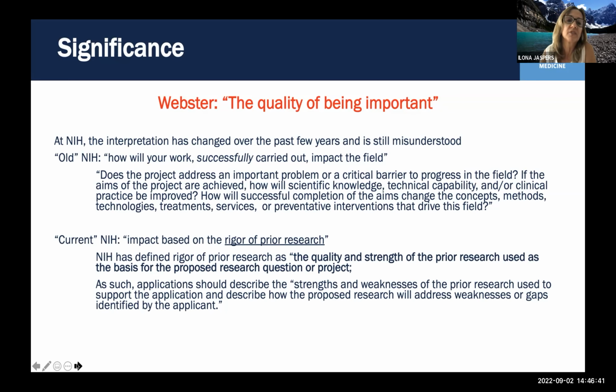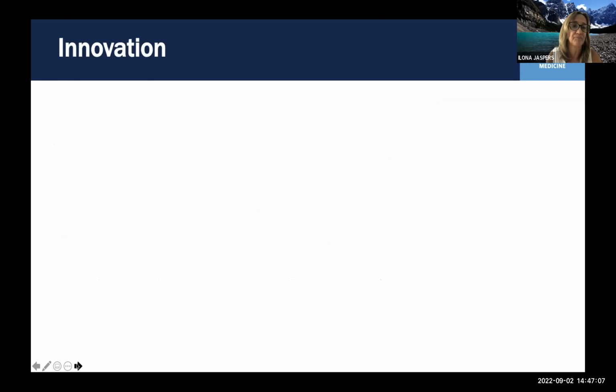So you have to have a scientific premise. NIH defines rigor based on the quality and the strength of the prior research used as the basis for the proposed research question of the project. So you really need to make sure that you understand what has been done in the literature, what has been accomplished by other investigators, and that really drives your significance now.